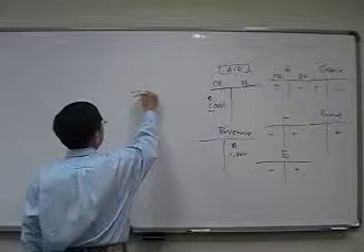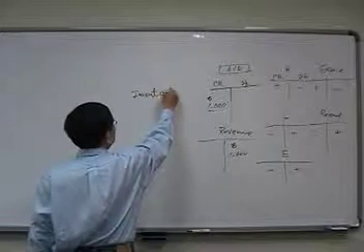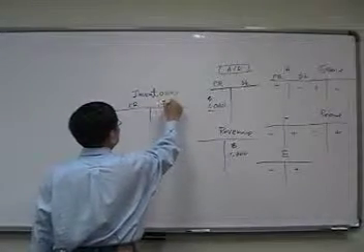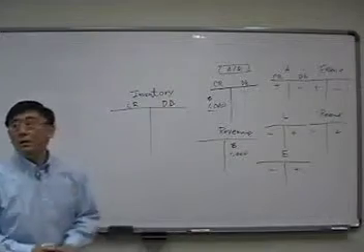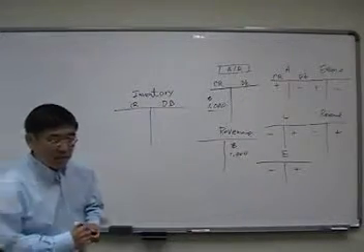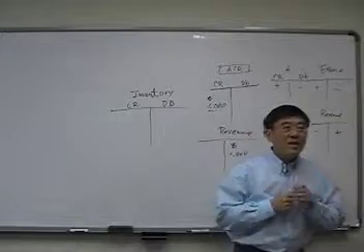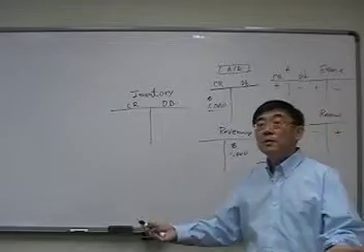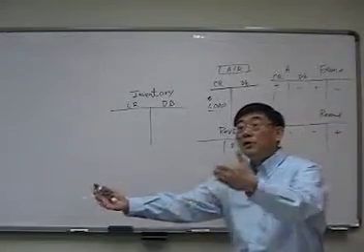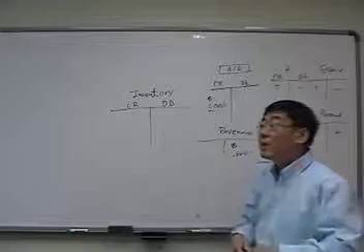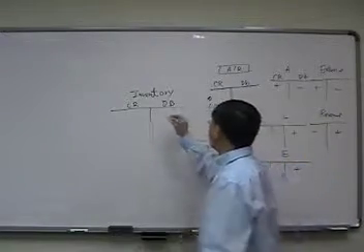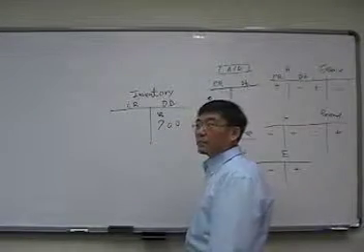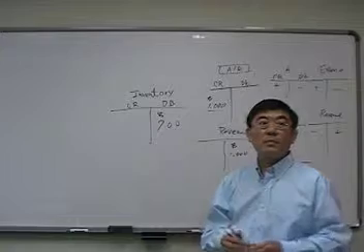Inventory. We know that is one of the assets, right? So as I said, the rule I just told you: when inventory decreases, because you ship out and deduct your inventory, we put it on this side, right?